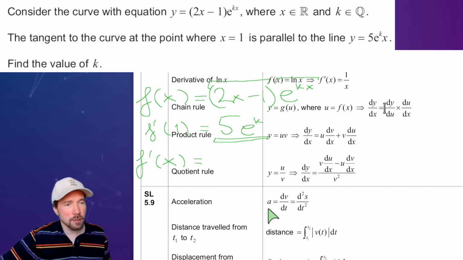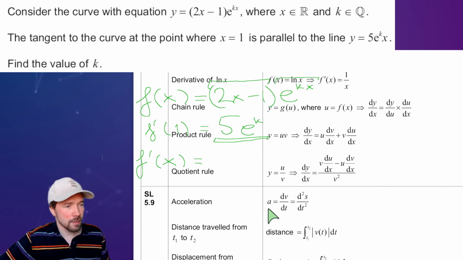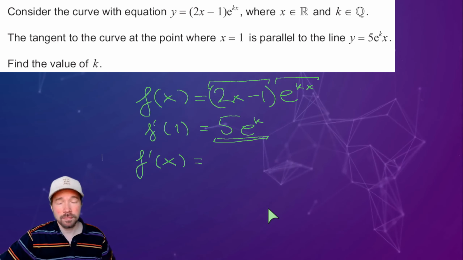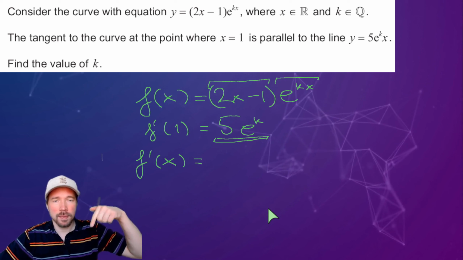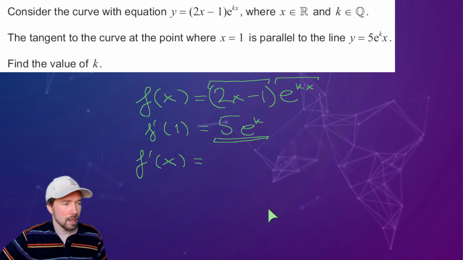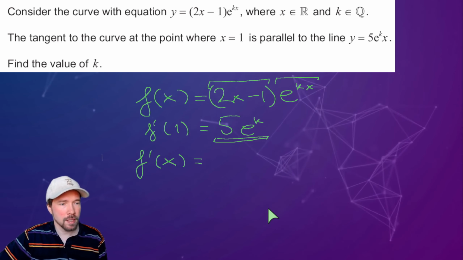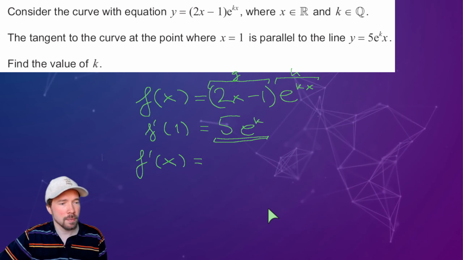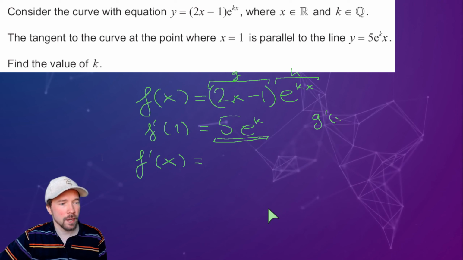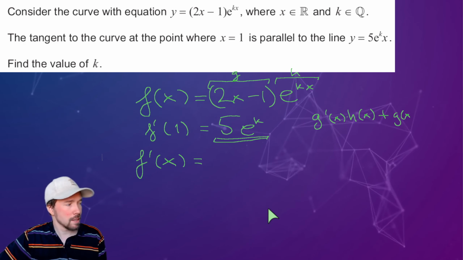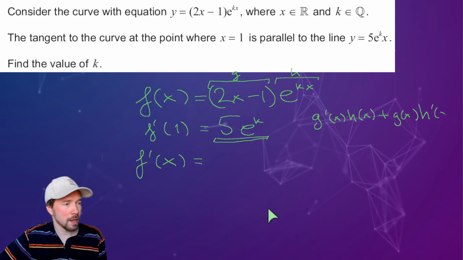It's not hard to derive this formula, but we are not going to do it now. If you want me to derive it, please comment below. So if we denote this function by g and this function by h, then the derivative must be g'(x)h(x) + g(x)h'(x).